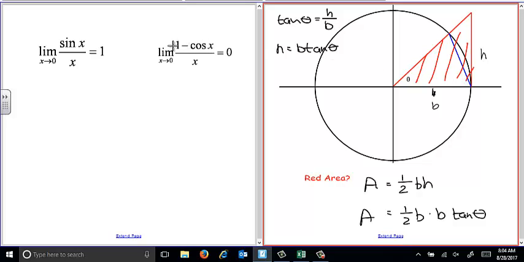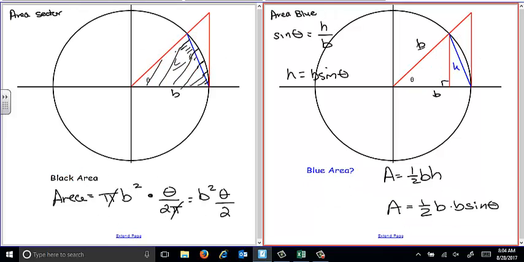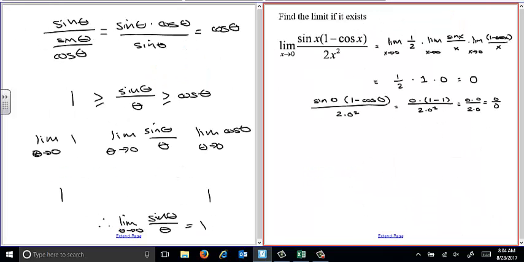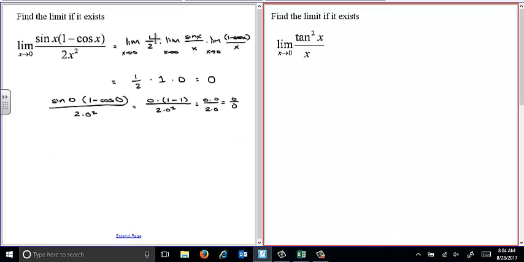And you can do the same thing for the other, with a similar kind of arrangement. So basically what you have to do when you have these trig limit problems is to try to rewrite them as involving sine x over x or 1 minus cosine x over x. So sometimes you have to use trig identities.